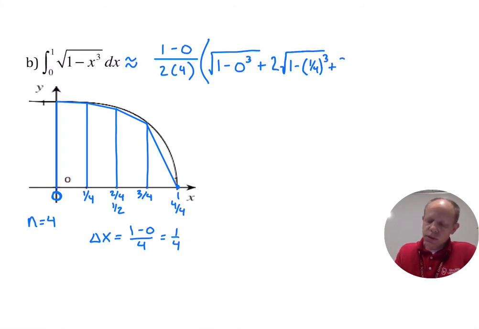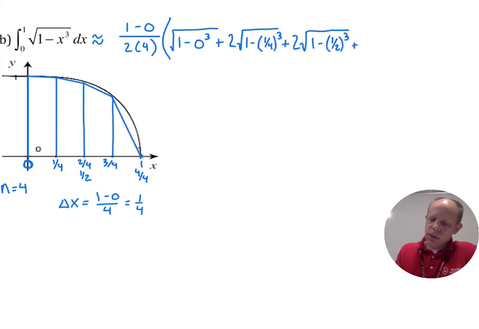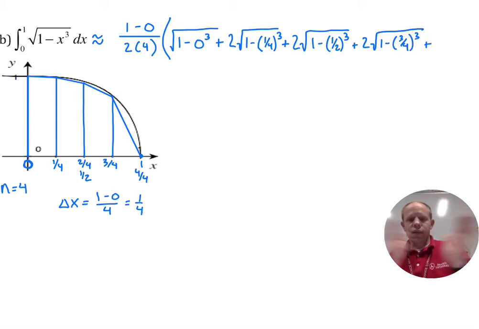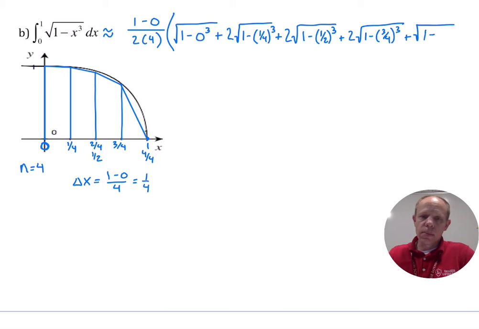And then we want plus 2 times the square root of 1 minus, now we're at 1/2, so 1/2 cubed. And then plus 2 times the square root of 1 minus 3/4 to the third power. And now we're at the very end of our interval, and so this one is going to be just 1 times the square root of 1 minus 1 cubed.